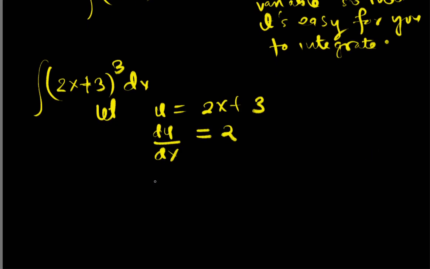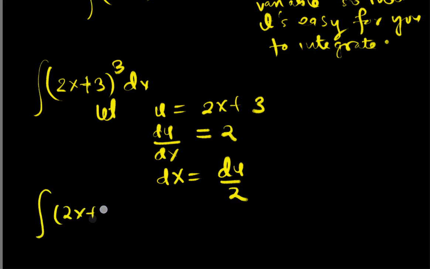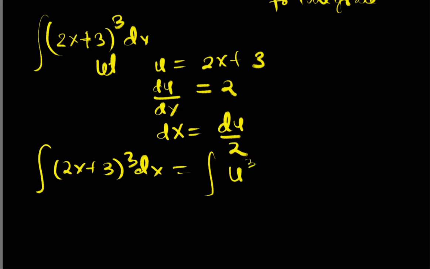So you can make dx the subject, so dx will be du divided by 2. Now we are going to rewrite our function in terms of the letter u. So this is the same as integral of u power 3. That one remains. In place of dx, we put du divided by 2.